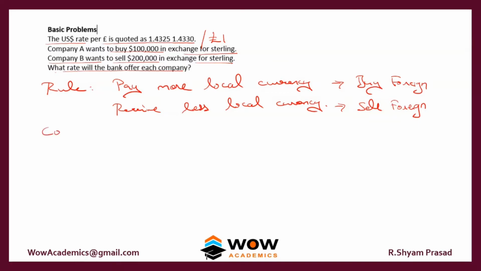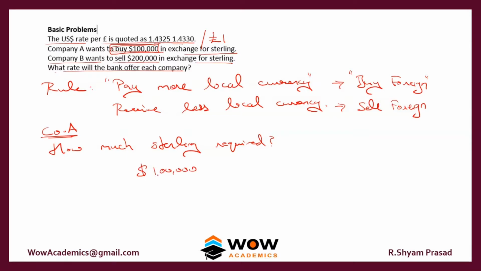So we'll start from company A. Company A wants to buy 1 lakh dollars. How much should they pay? Should they pay this number or this number? We have to follow the rule. The company wants to buy the foreign currency, so they have to pay more of the local currency. The question is how much sterling is required. The company requires 1 lakh dollars.